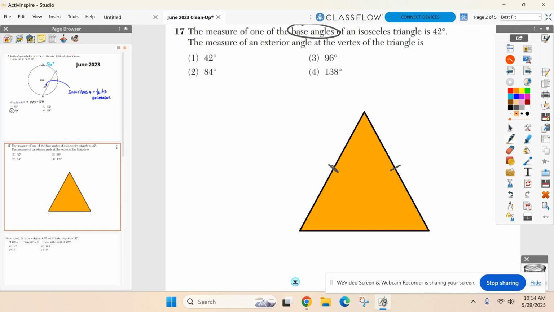The congruent ones. Those are the ones across from wherever your congruent sides are. So in this case, if they tell you one is 42, the other one is 42. And they're looking for the measure of the exterior of the vertex. That's the non-congruent angle in an isosceles triangle.